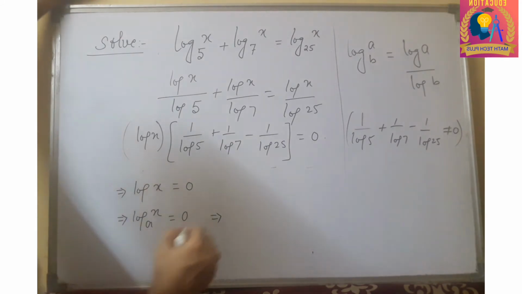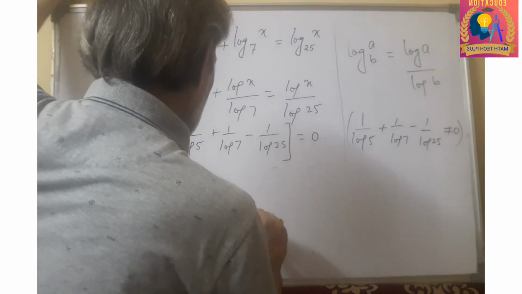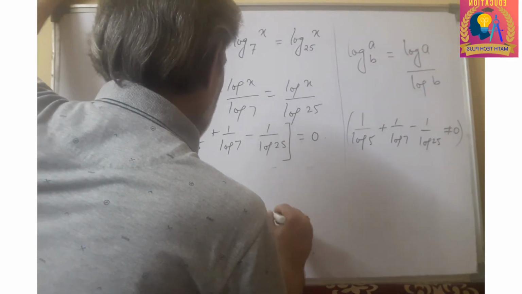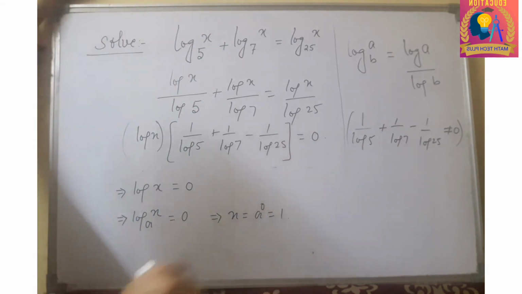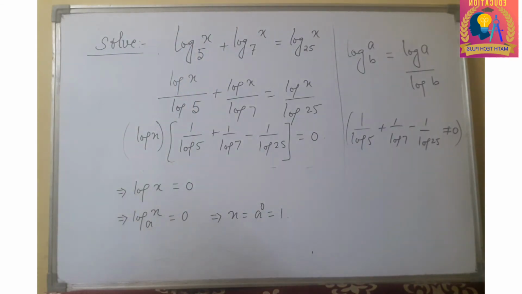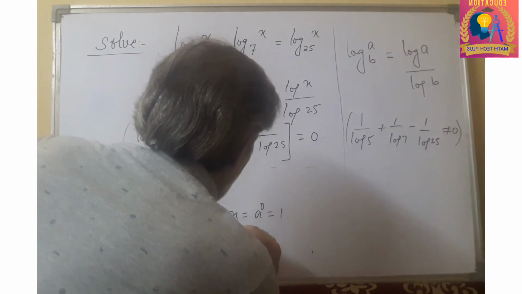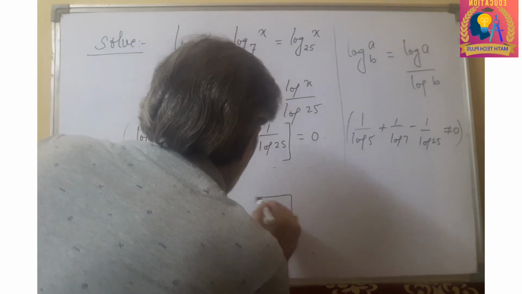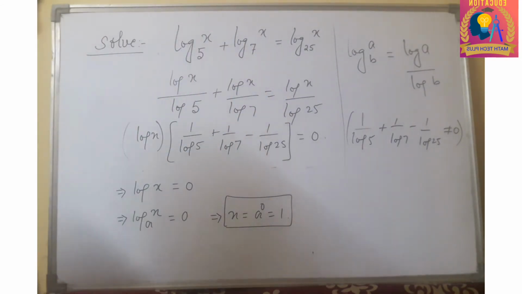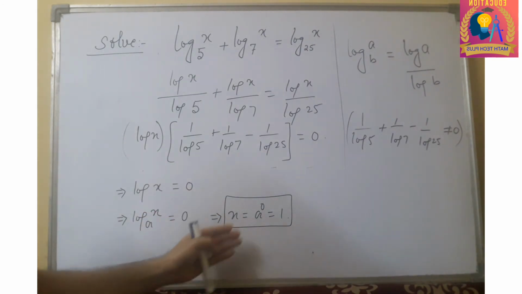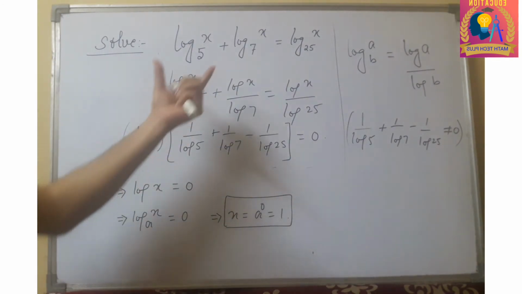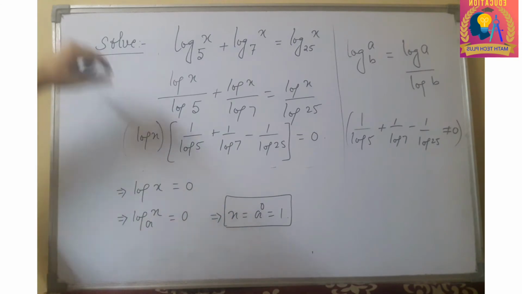We are getting x equals to a raised to the power 0, which is 1. It simply means that we are getting x equal to 1 as its solution.